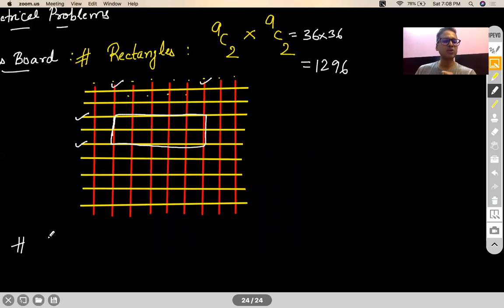Tell me how many squares are there on the chessboard. Don't say 64. There are more than 64 squares in chessboard. How many squares are there on the chessboard?